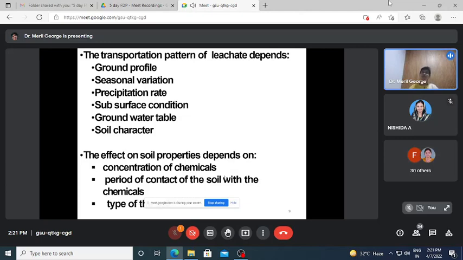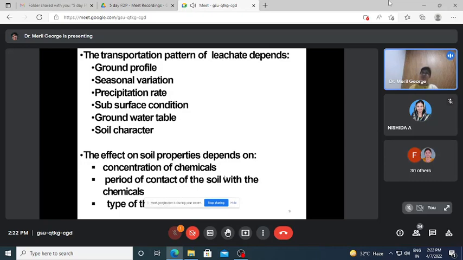Next comes the effect on soil properties. We have analyzed the composition of leachate and its transportation pattern. Next is the effect of this leachate on the soil properties. This effect depends upon the concentration of chemicals.